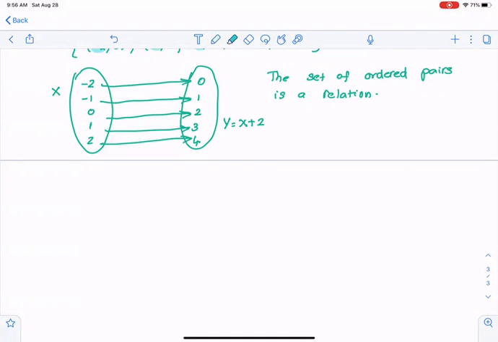And y equals x plus 2 is an equation, but since we have y and x, it's called a function.